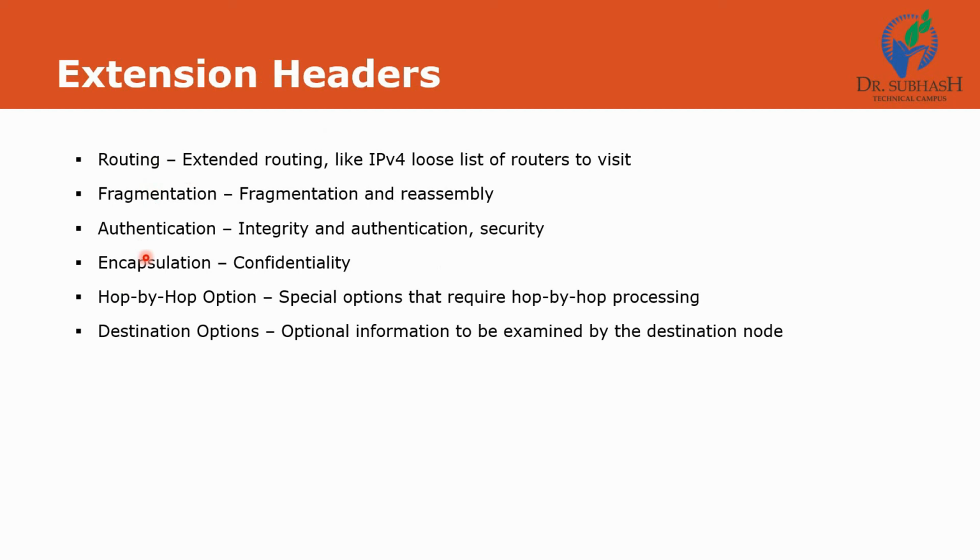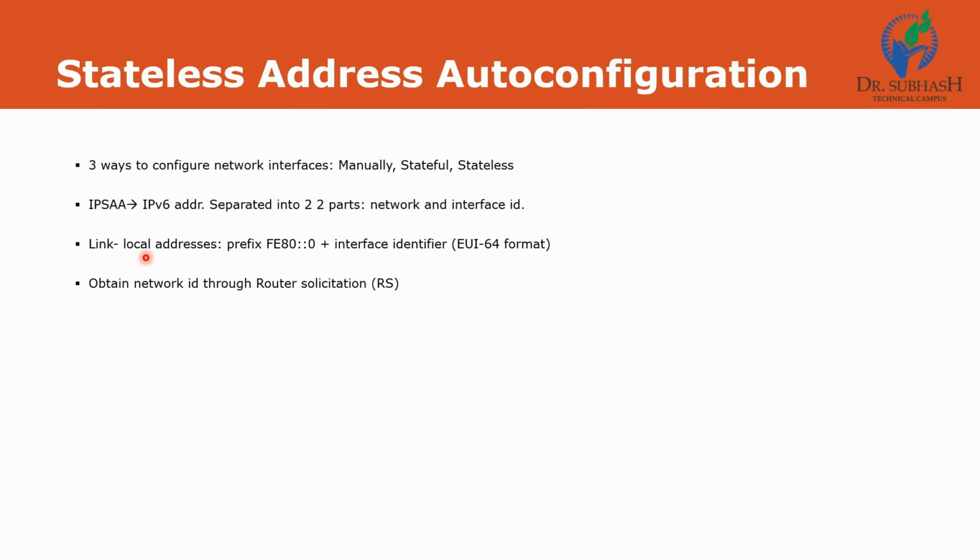These are the new features available in IPv6. Now, stateless addressing and auto configuration: there are 3 ways to configure a network interface: manually, stateful and stateless. An IPv6 address is separated into 2 parts: network ID and interface ID.